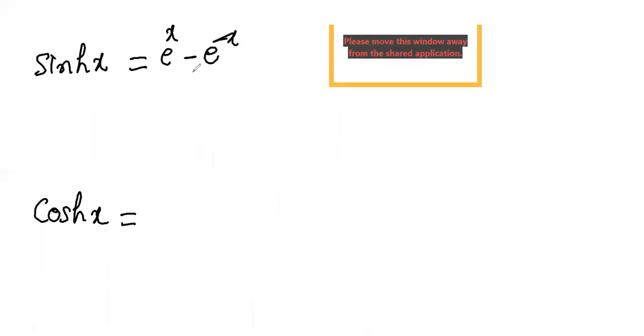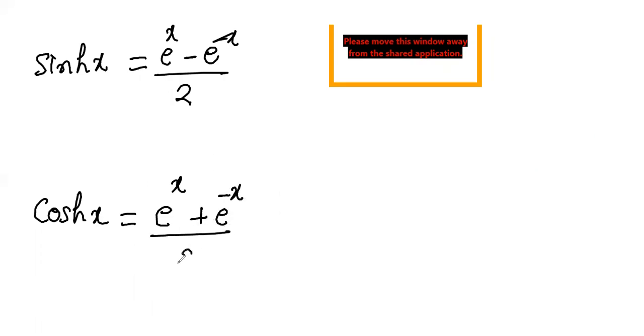Okay. So next is sine hyperbolic x and another is cos hyperbolic x. Sine hyperbolic x is e raised to x minus e raised to minus x divided by 2. Similarly, cos hyperbolic x is e raised to x plus e raised to minus x divided by 2.